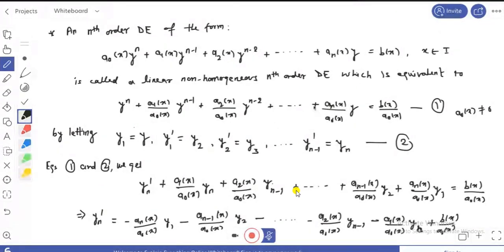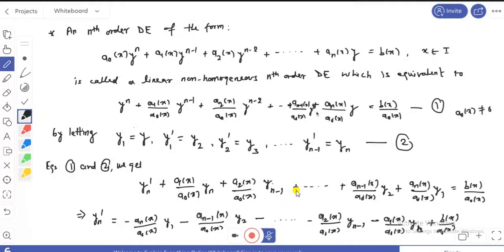Clear? Here, just before the last, will be y2, the second order derivative. We write the last term here: before n, the term is an minus 1x over a naught x y2. Not y squared, because in that form y2 means the second order derivative of y.